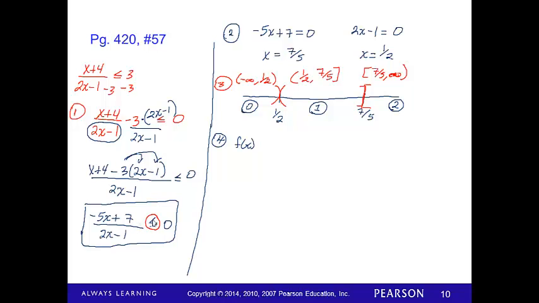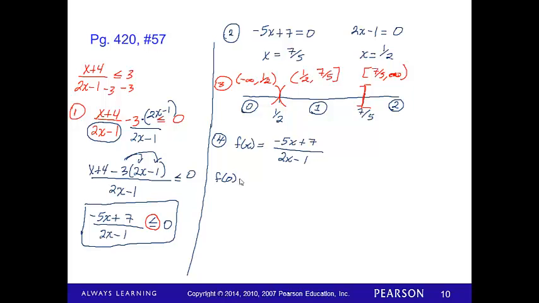Let's say it this way. If you have a 0 on the right side and a single quotient on the left side, that quotient is your f of x. That was better. So f of x is negative 5x plus 7 over 2x minus 1. And one at a time, we're going to plug these test values in.